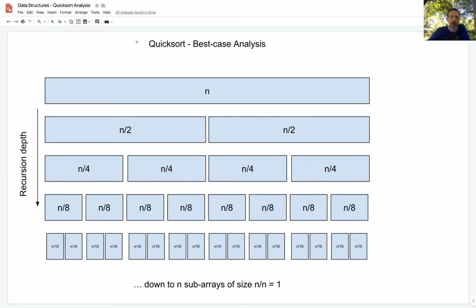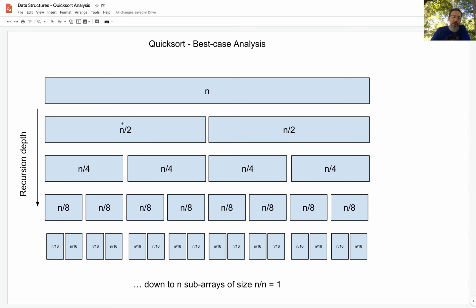If we have originally an array of length n, we're going to partition it, and in the best case, our pivot value allows us to partition into exactly equal length subarrays of n over 2 and n over 2.